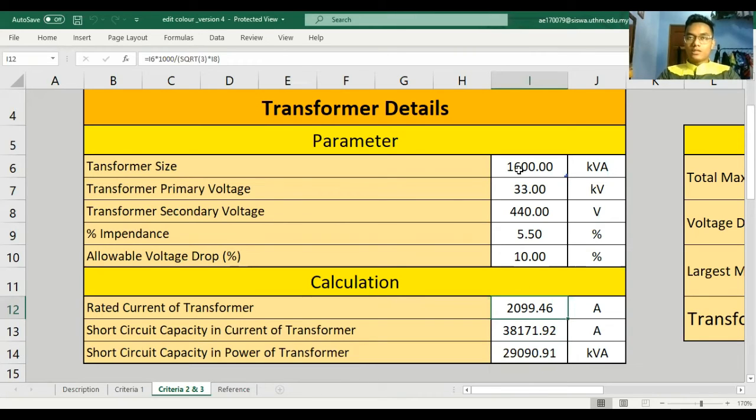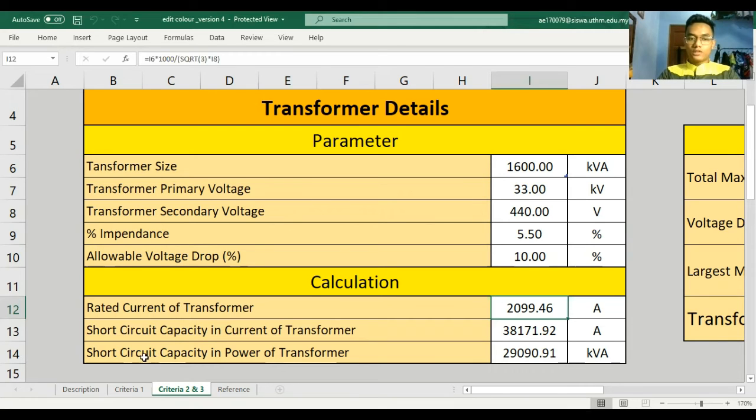1600 kVA divided by root 3 times 440 volt will get 2099.46 ampere. For the short circuit capacity and current of transformer, we use the formula I rated transformer divided by percentage impedance. So for the I rated 2099.46 divided by 5.5% will get 38,171.92 ampere.